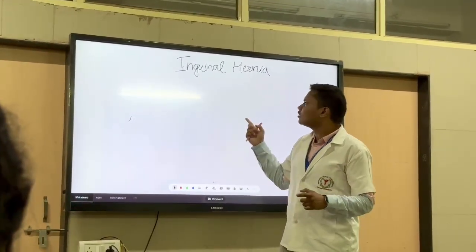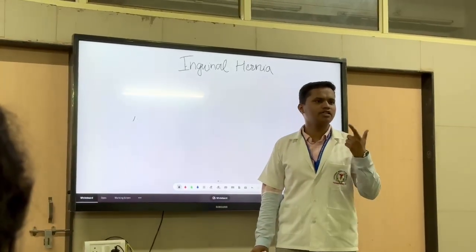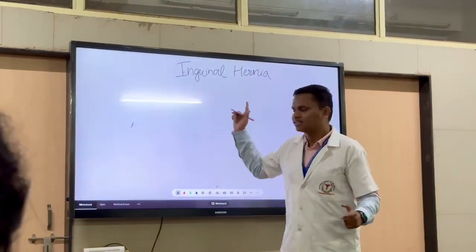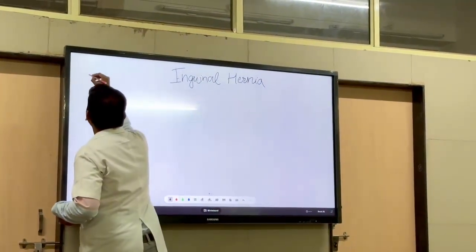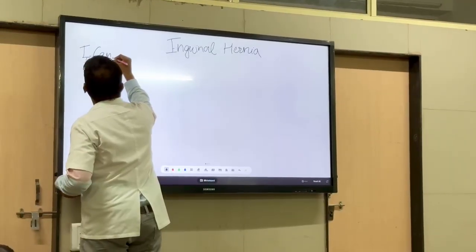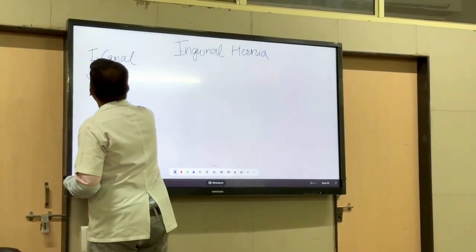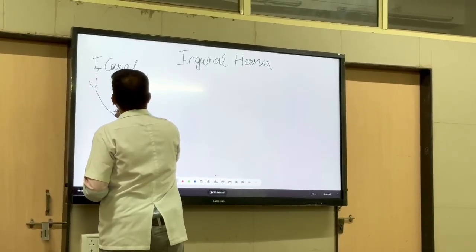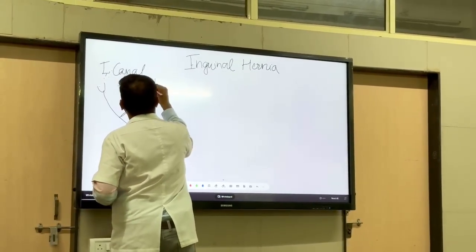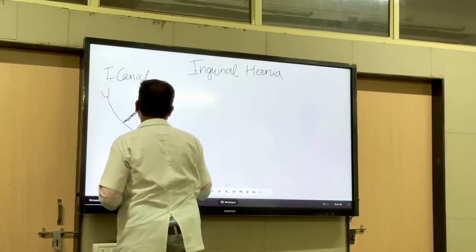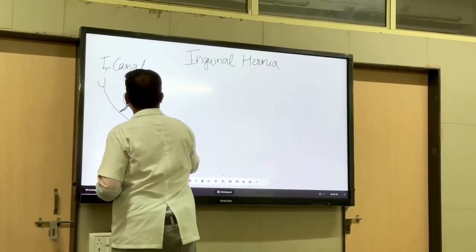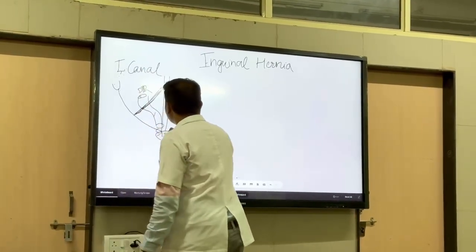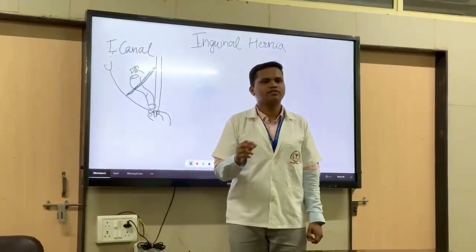So before going to the main topic, the inguinal hernia, we will first discuss two subtopics, the inguinal canal and the apex triangle, which are necessary to understand the inguinal hernia. Coming to the inguinal canal, the inguinal canal is an intermuscular passage.